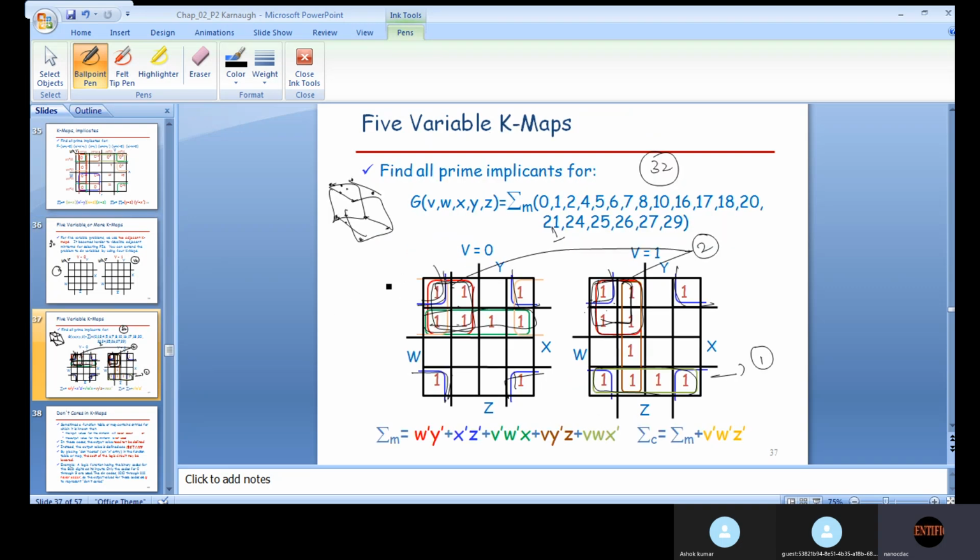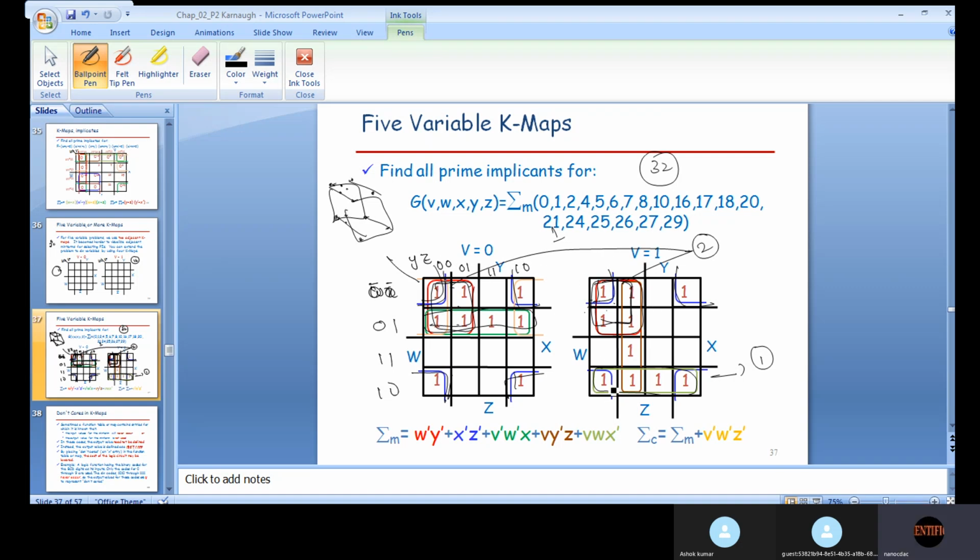Okay, so here wx, w bar x bar, and yz: 0 0, 0 1, 1 1, 1 0.